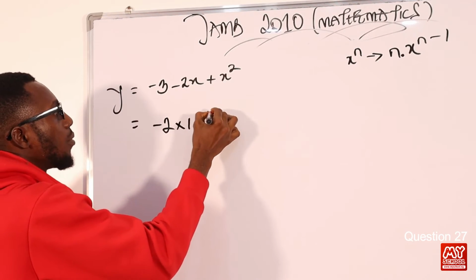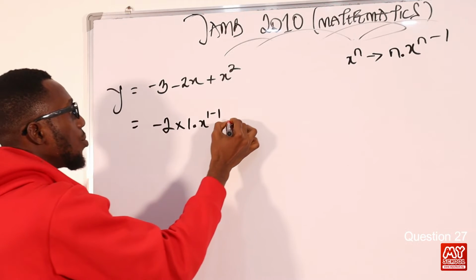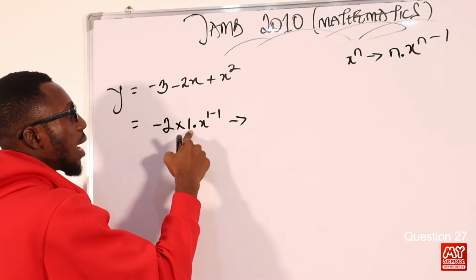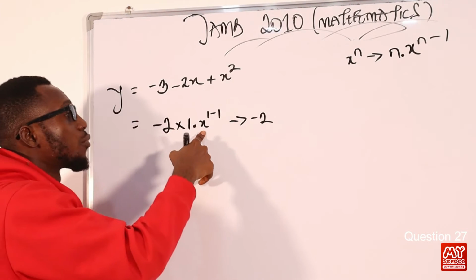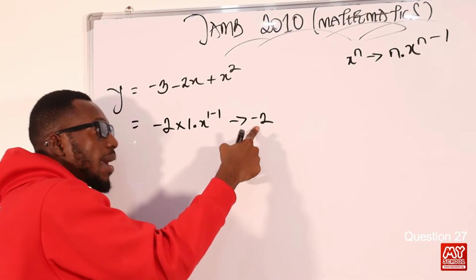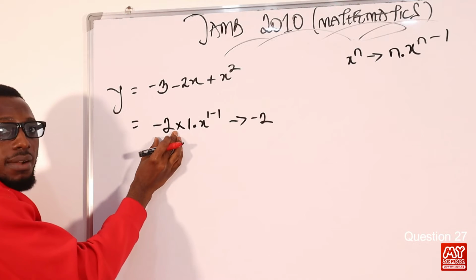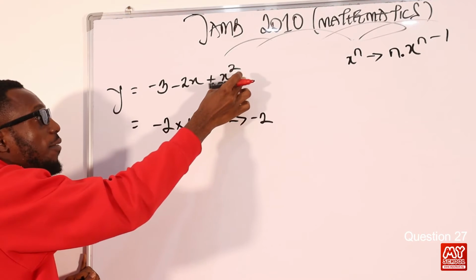Times x, then 1 minus 1. So that is minus 2 times 1, that is minus 2. 1 minus 1 is 0, x raised to power 0 is 1, and 1 times minus 2 is still minus 2. So you can see why I have this. Try that out again for this.